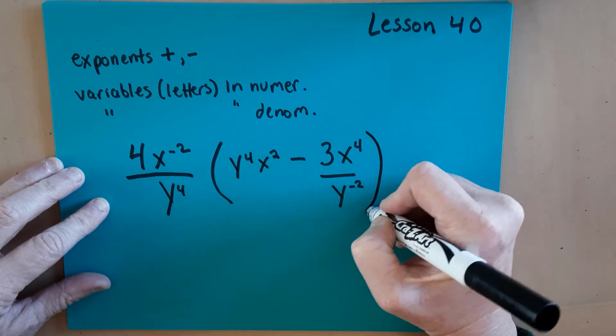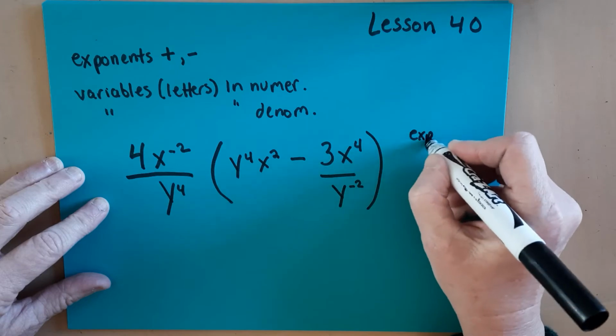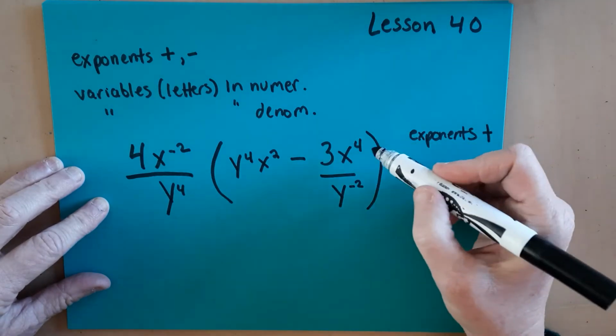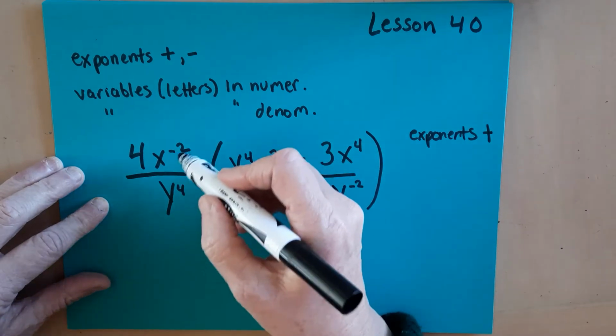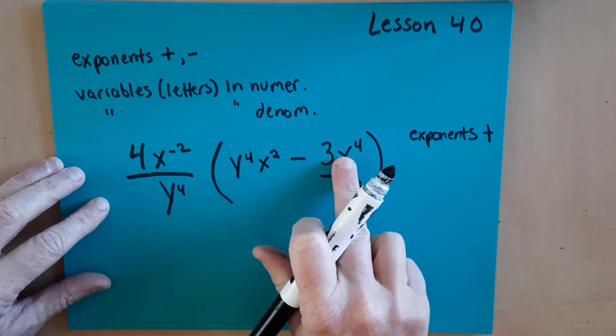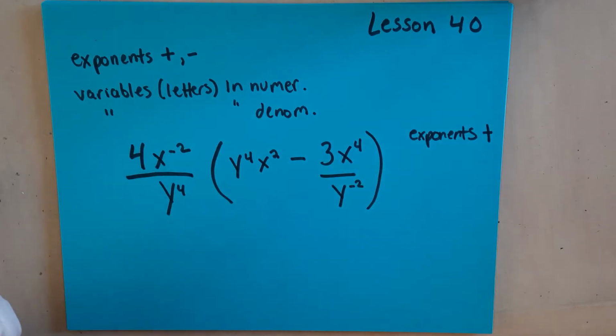And then they're asking in this one to write all the answers with the exponents positive. So just a little reminder, the exponents, of course, are these small numbers right here, and the variables are all the letters. In this case, we have an x and a y. So we're going to distribute and then write all the answers with the exponents positive.